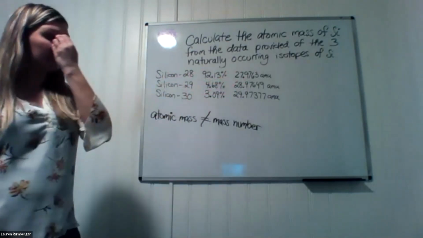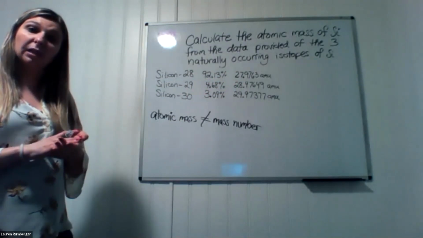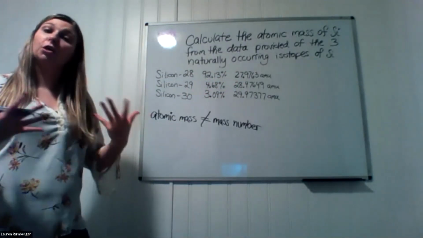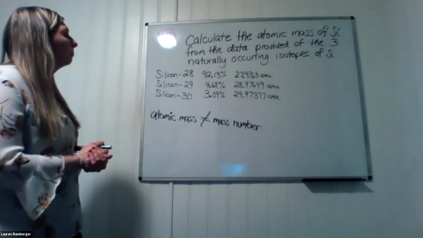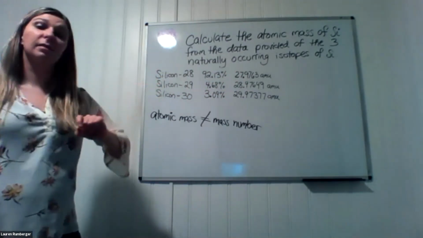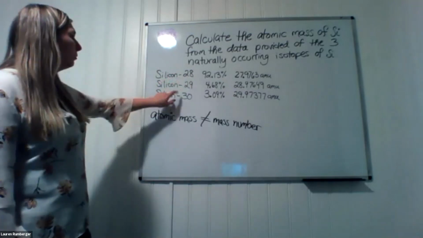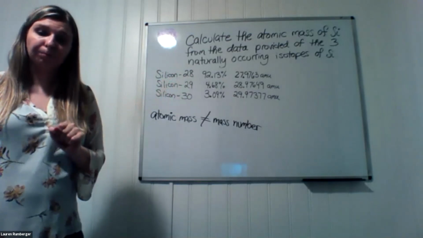If you can't see this too well, you can visualize it on your lesson slides, okay? But I'm going to talk through it all and go through the calculation with you so you understand how to apply this. The most abundant isotope of silicon is silicon-28, but there also exists silicon-29 and silicon-30.